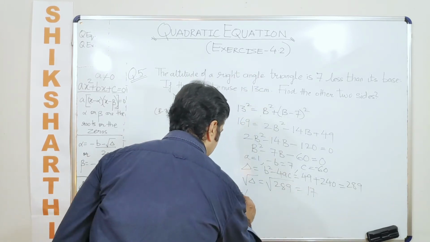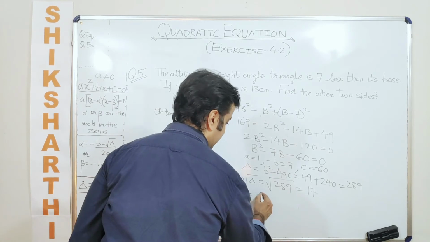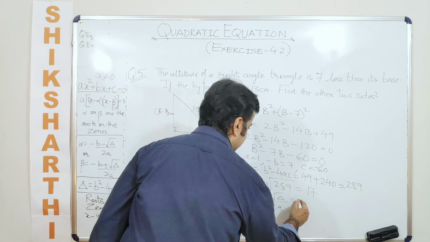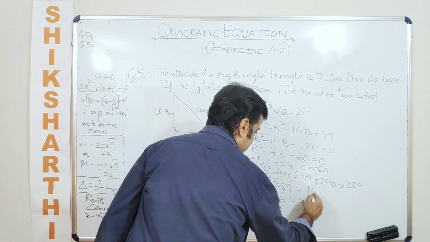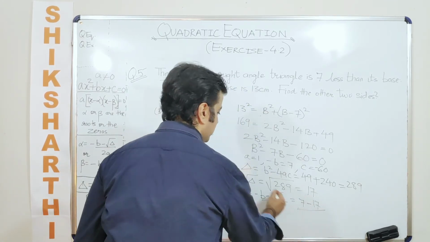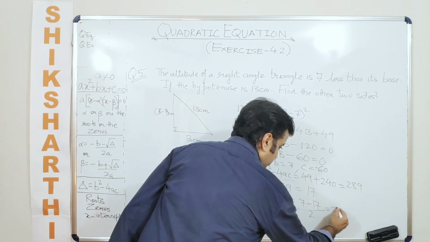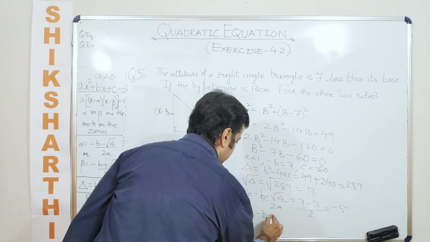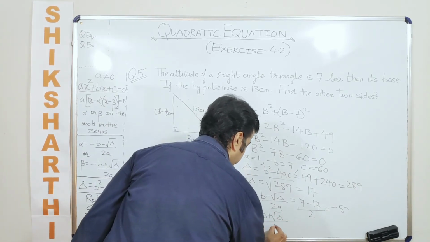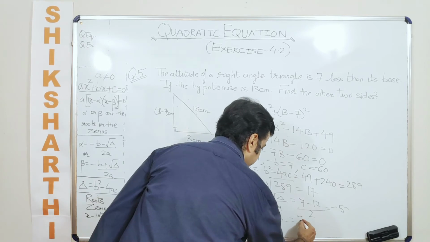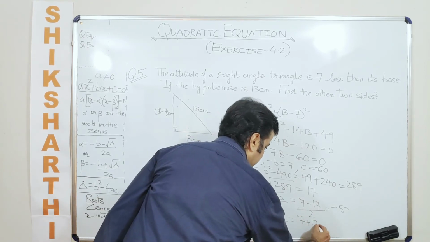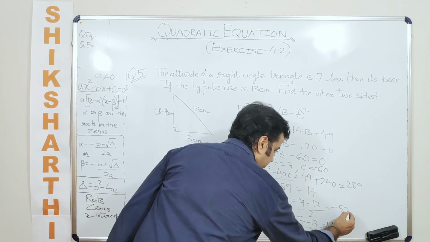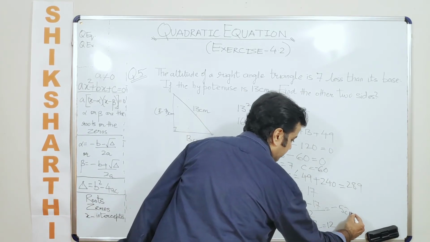From here, can I get the value of alpha, which is minus b minus root delta upon 2a, which is just like saying minus b is 7 minus 17 divided by 2a, which comes out to be minus 5. And the other value here is beta, which is nothing but minus b plus root of delta upon 2a, which is just like saying 7 plus 17 upon 2. So this is 24 divided by 2 is how much? 12. You can't get a negative side.